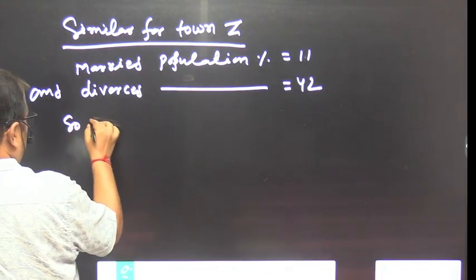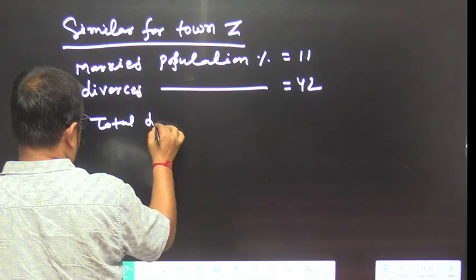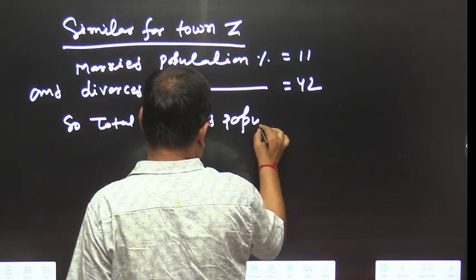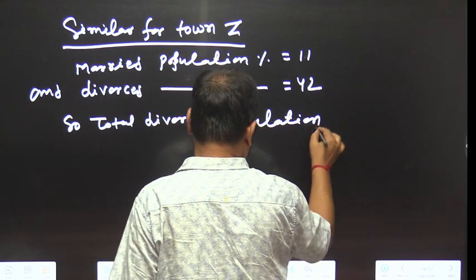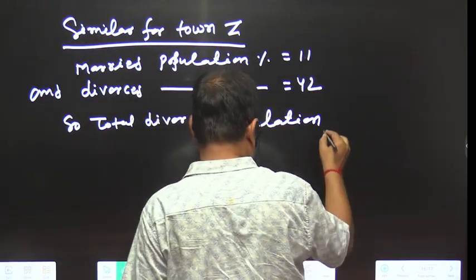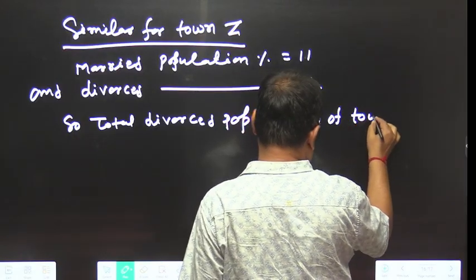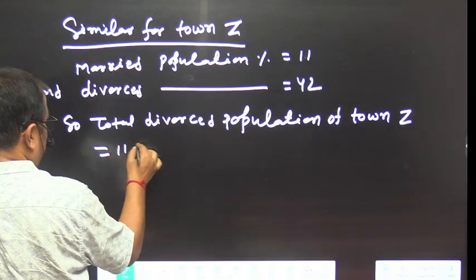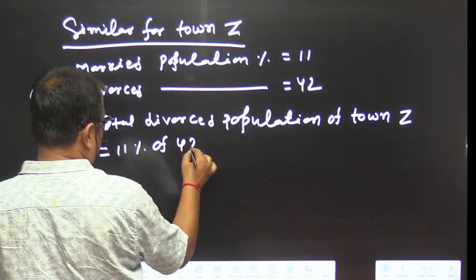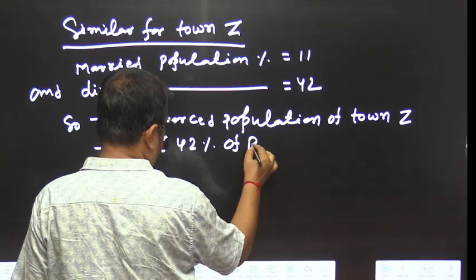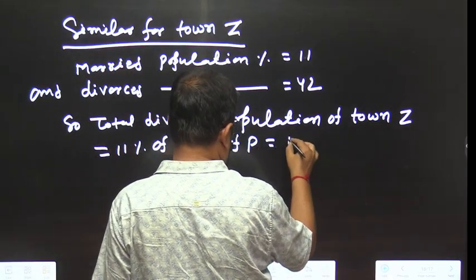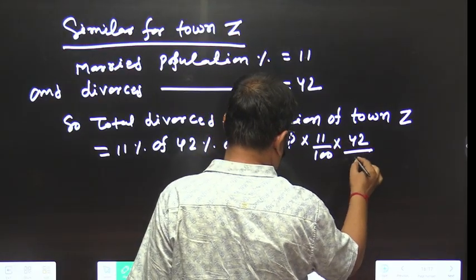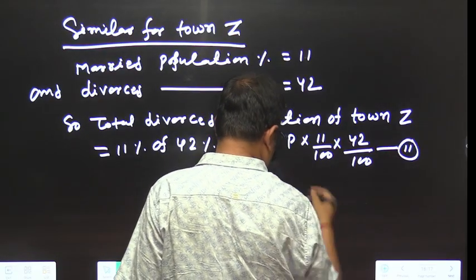So the total divorced population of town Z equals 11% of 42% of P, equals P into 11 upon 100 into 42 upon 100. This is equation 2.